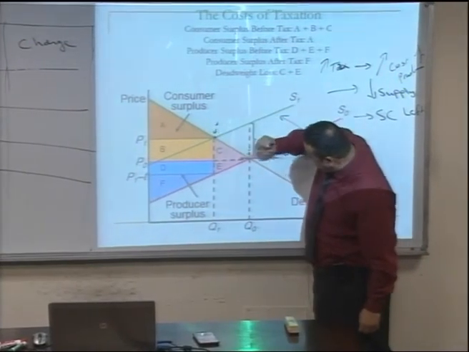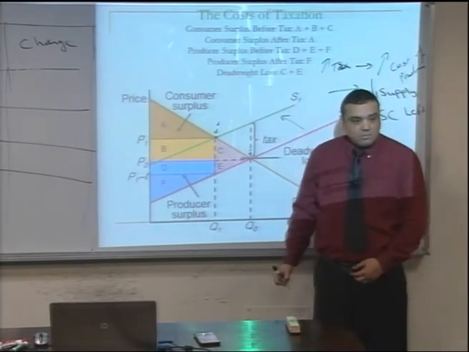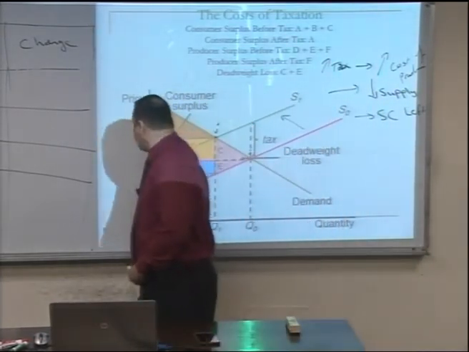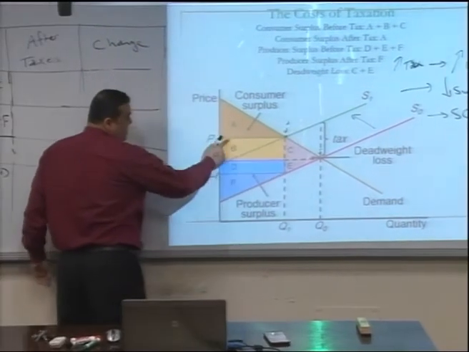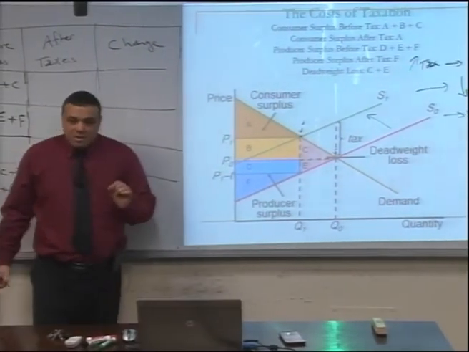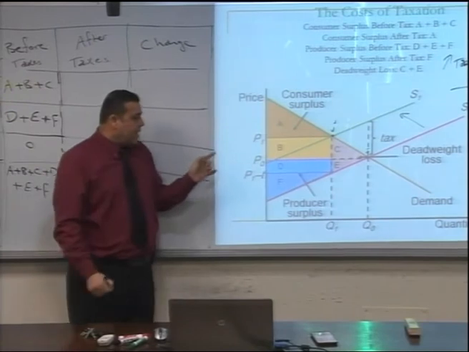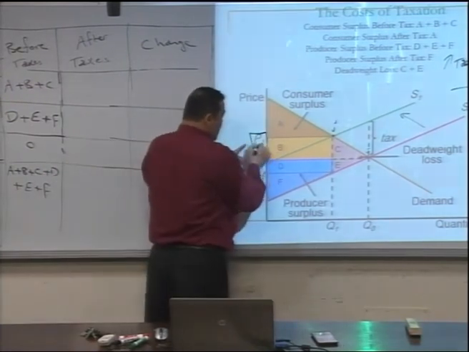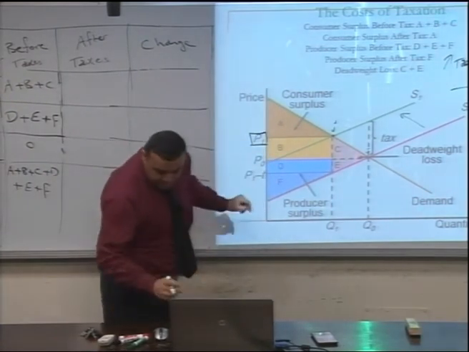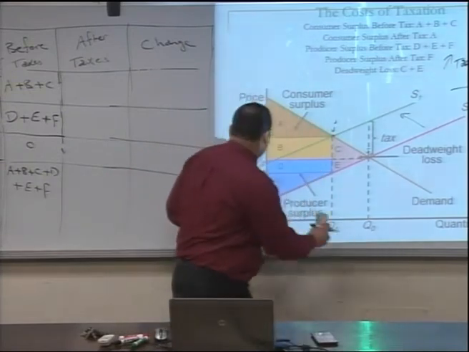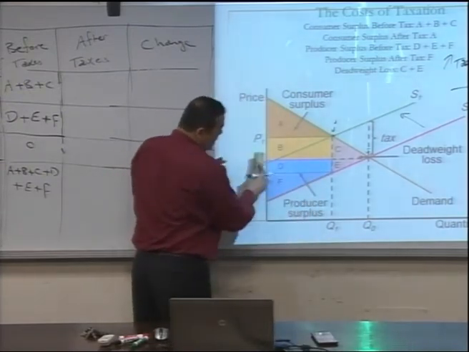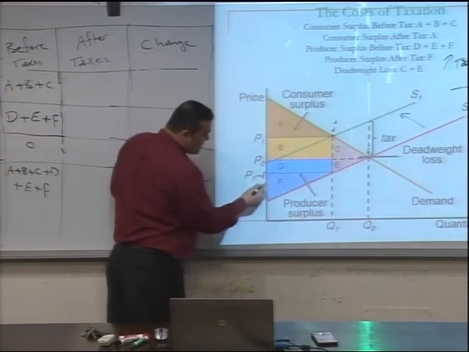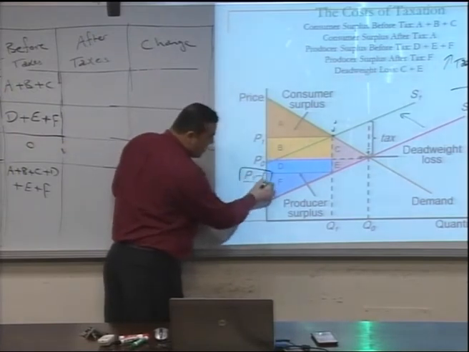This is E1. The new equilibrium point is E2. At this point, the consumer pays P1, and the producer gets only P1 minus taxes.